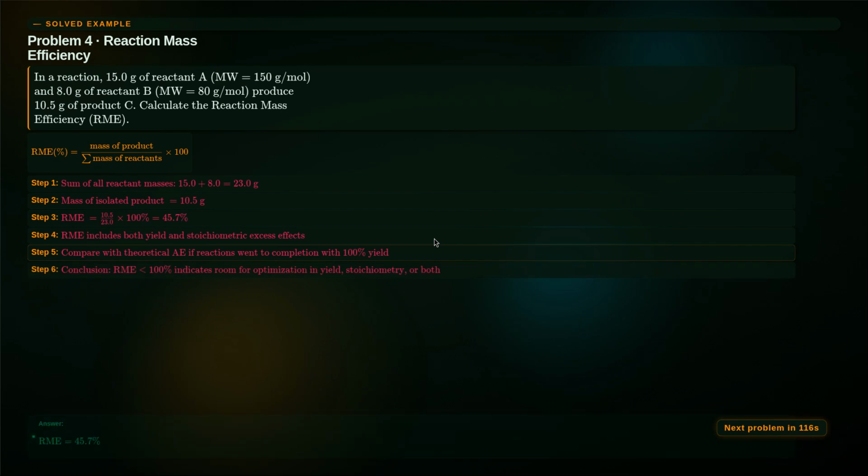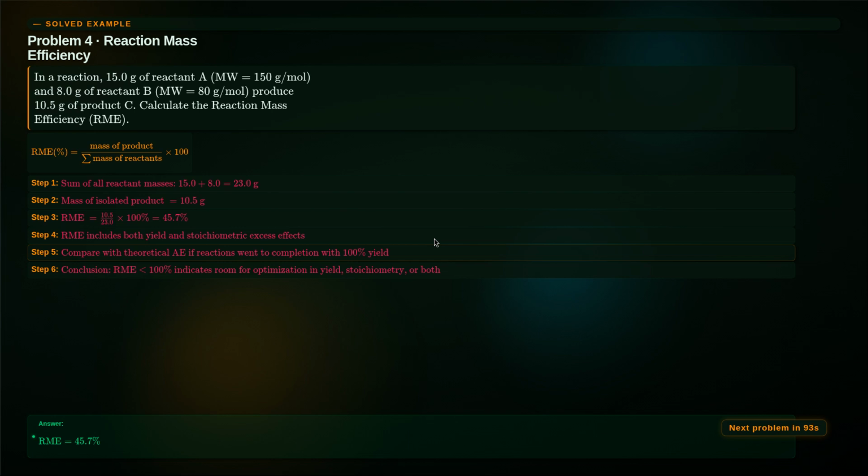Problem 4. Reaction mass efficiency. In a reaction, 15.0 grams of reactant A with molecular weight 150 and 8.0 grams of reactant B with molecular weight 80 produce 10.5 grams of product C. Calculate the reaction mass efficiency. Step 1.